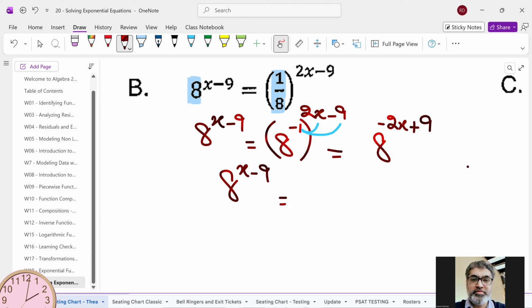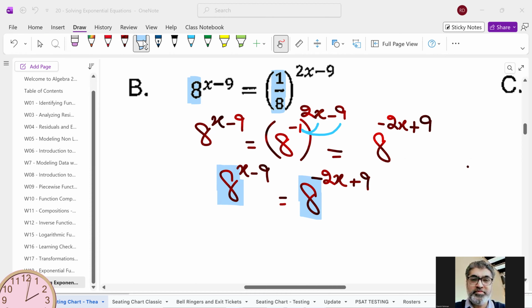What's the benefit of doing all that stuff, bringing in the negative 1 and all that? The benefit now is that we have the same base on both sides, right? Is the base same now? 8 here, 8 here. Bases are same. So what can we do? What will be the benefit of having the same bases here?